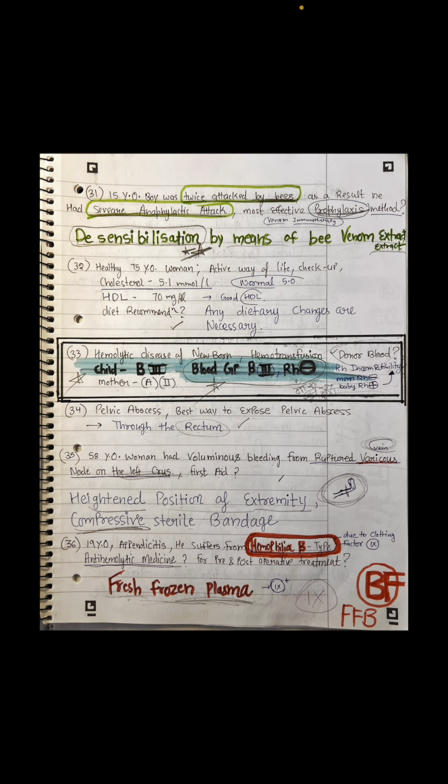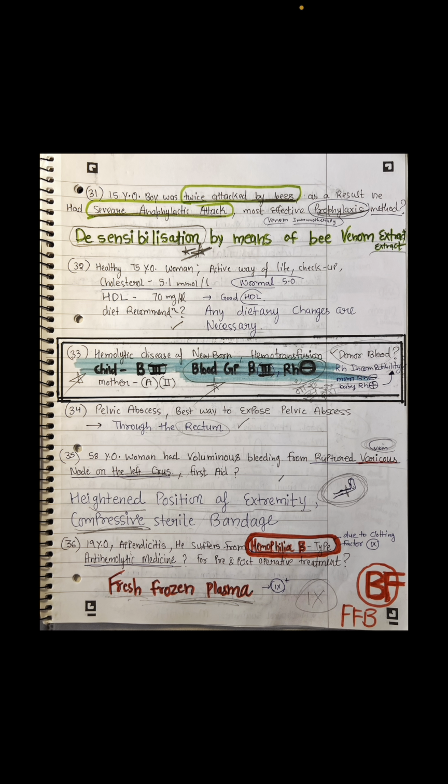But in the cases of vein, just putting a compressive sterile bandage on the patient will be enough for venous blood leakage. So I hope this is enough. It will make sense. Maybe we will see a similar question also.